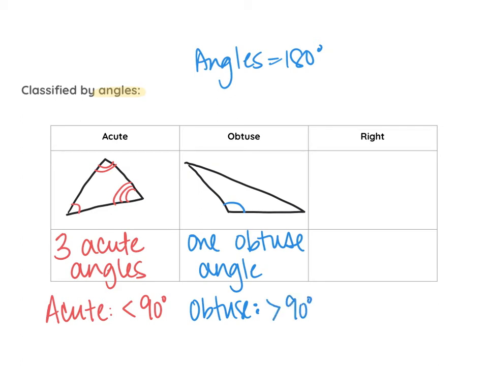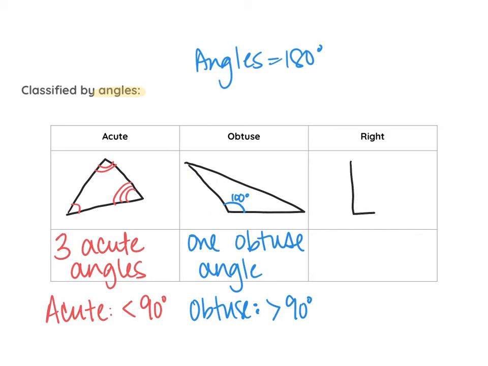That means that, let's say that this is 100 degrees. Well, if I take 100 away from 180, there's only 80 degrees left, right? Meaning those two angles would have to add up to 80 together. There's no way that they could be obtuse. So because all three angles in a triangle have to add up to 180, when we have one obtuse angle, that's all we can have. Okay, so we just need to see that one, and then we know it's obtuse.